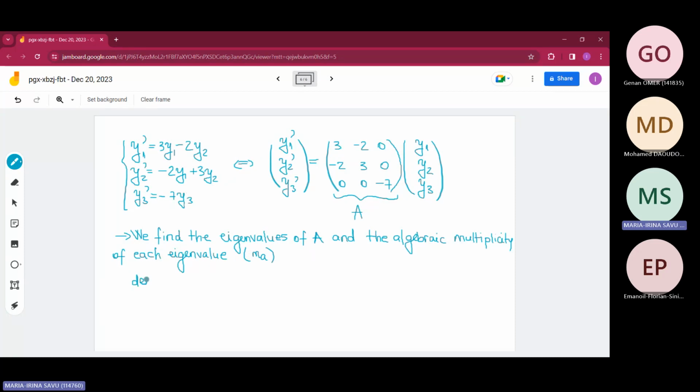So you have to solve the determinant of A minus lambda I3 equals 0. This is the first step, right? Yes.